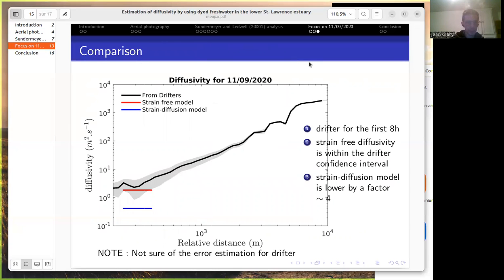So now, if we compare the diffusivity from the drifters with the one from the strain free and strain diffusion models, we will have the following picture, and we can see that the strain free model gives diffusivity really close to the one from the drifters, but when we consider the deformation, we have a lower value.